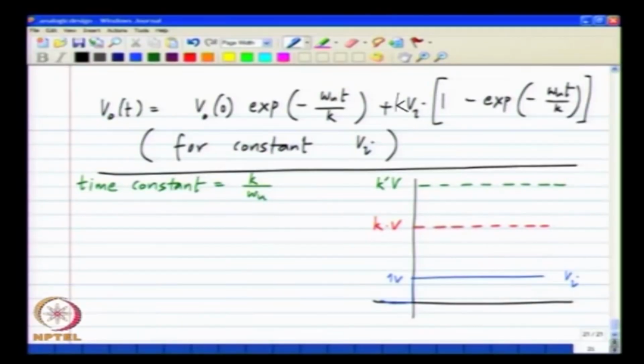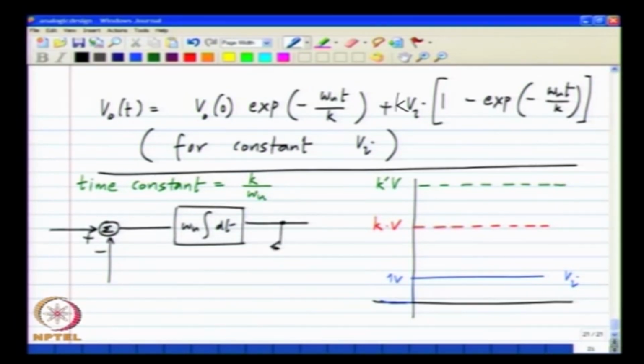Let me redraw the amplifier. Let me again assume that the output is initially 0. What happens if the output is 0 and the input is a step? The feedback voltage is also 0, that is V naught by k also equals 0 initially.